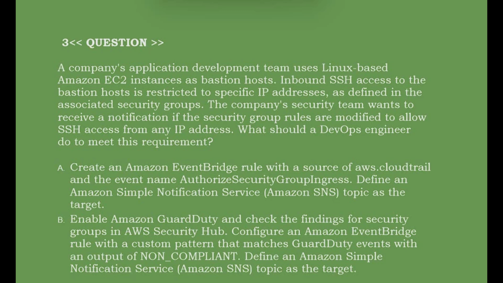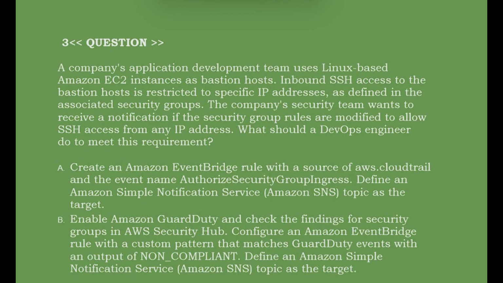Option A. Create an Amazon EventBridge rule with a source of AWS.CloudTrail and event name AuthorizeSecurityGroupIngress. Define an Amazon Simple Notification Service, Amazon SNS topic as the target.